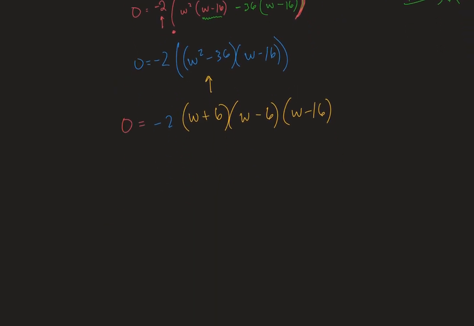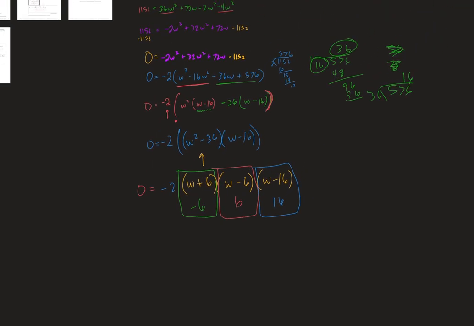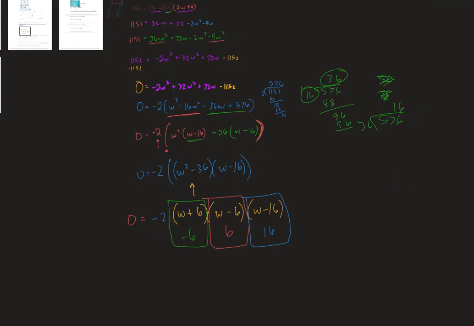Here's what's about to happen. The solution with this piece is negative 6. The solution with this piece is 6. And the solution with this piece is 16. Now, here's what I'm going to do. I'm going to graph this in Desmos to show you what's going on. But I'm also going to take all these answers and bring them back up here.